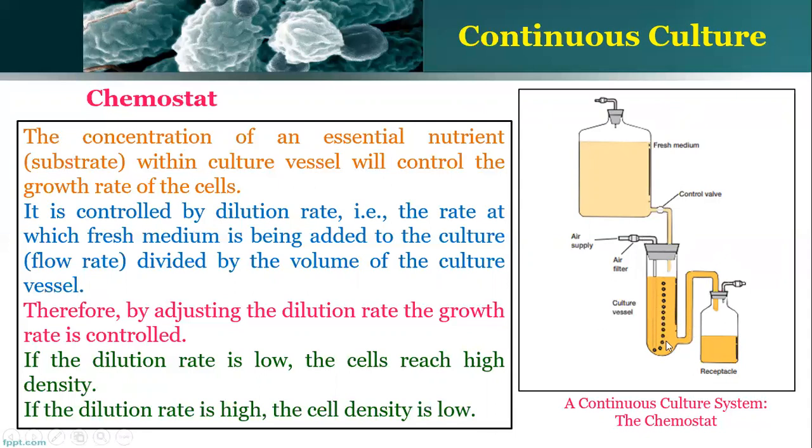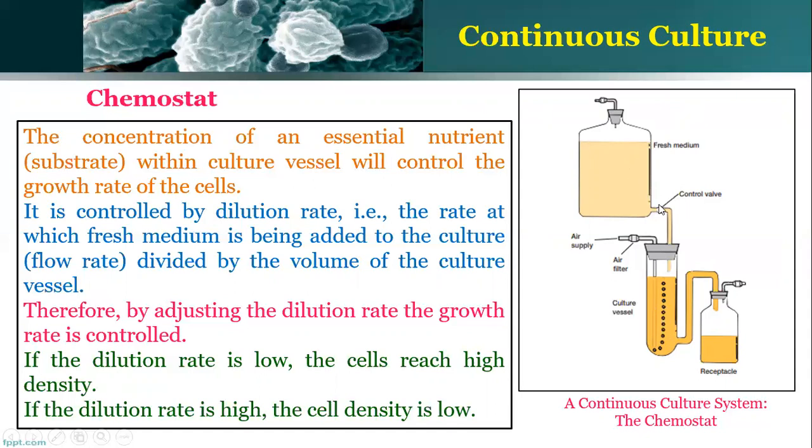If you give less time for the organism to grow in the medium, the cell will not grow properly, so the cell density is low. So if the dilution rate is low, the cell density is high. That means it is given a certain period of time to use the nutrients and grow.